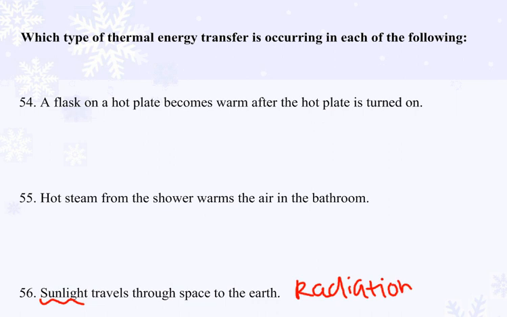Now, conduction and convection, they're very different. It's just tough to distinguish them because the names are so close. Now, conduction means when something is physically touching. So, in 54, the flask is on the hot plate. So it is touching, which makes this conduction.